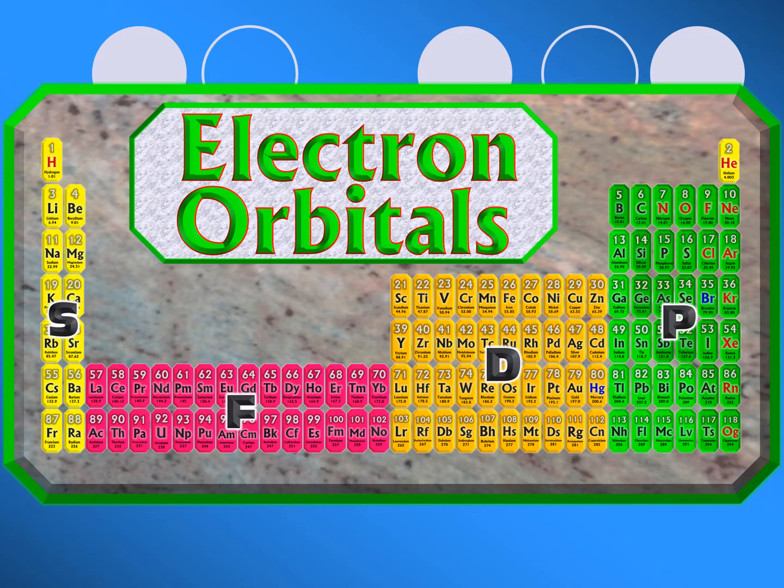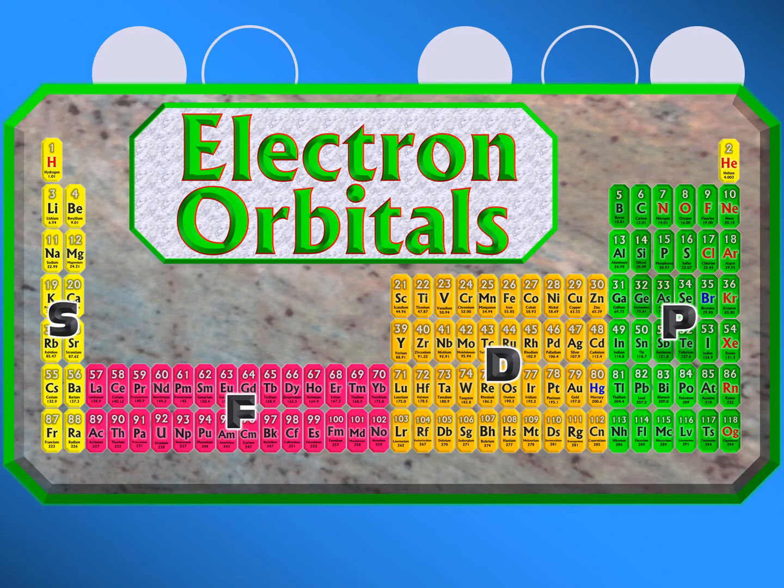If you look on the periodic table, you can see where these orbitals are being filled because there is an s block on the left, a p block on the right, and in the middle we've got the f and the d block.